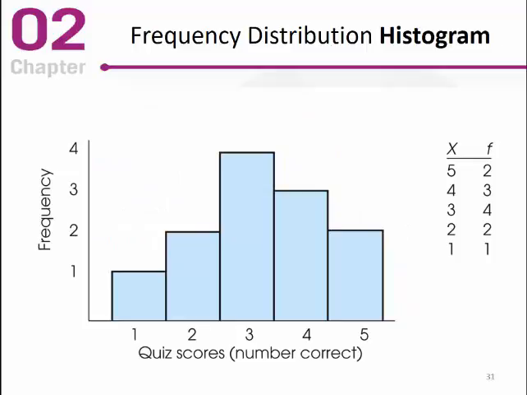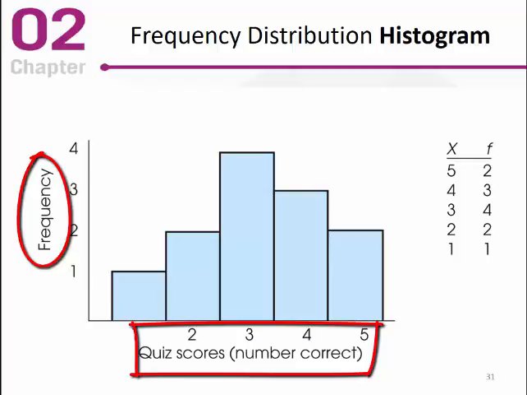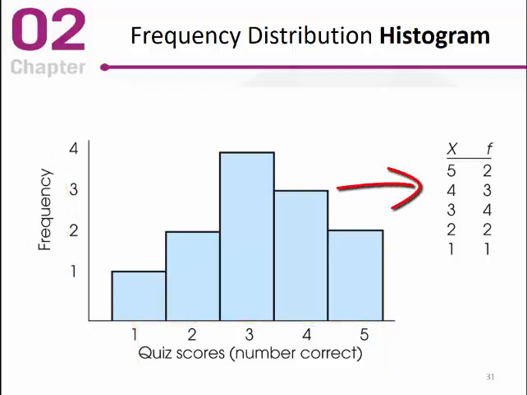If we just look at a frequency distribution histogram, for example, of quiz scores, you can see again frequency is on the y-axis, and the quiz scores are on the x-axis. This would be our table corresponding to this, and we have one person that scored a 1, 2 people that scored a 2, 4 people that scored a 3.